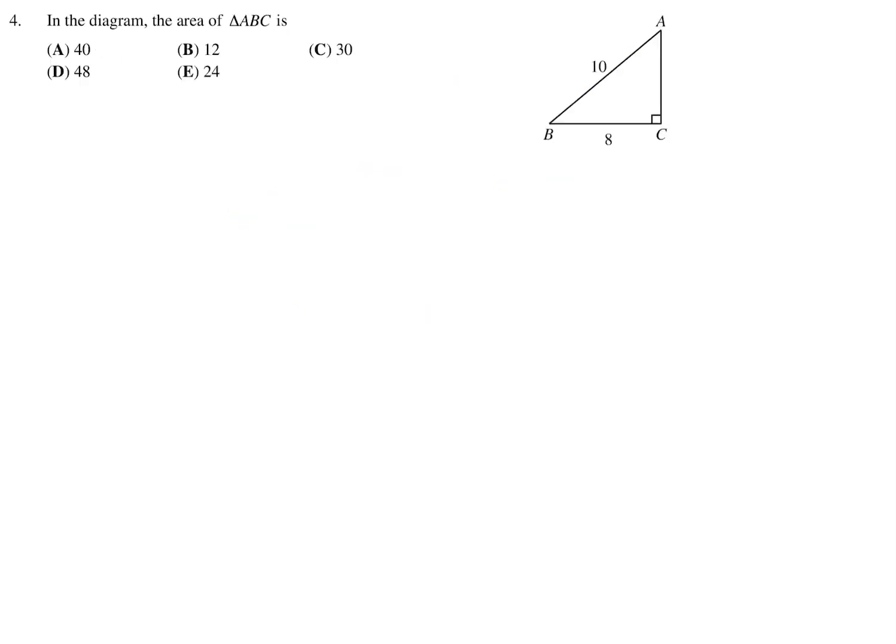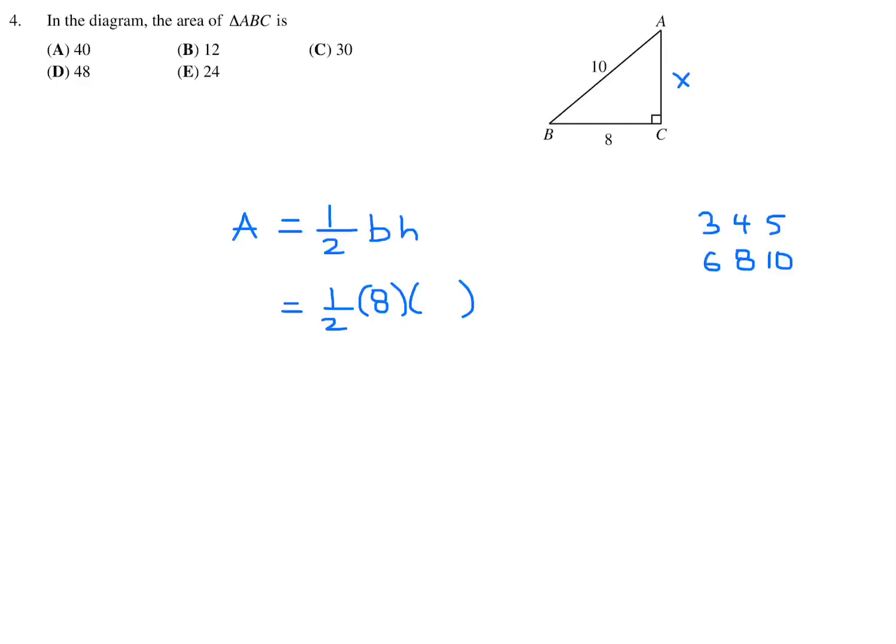In the diagram, the area of ABC is, well, the area of any triangle is 1/2 base times height, like that. The base in this case is 8. The height we don't know, but we can figure out the height. You can either do it by inspection, if you remember 3, 4, 5 triangles, and any multiple of that, which is 6, 8, 10. They're all Pythagorean triangles. But just in case you didn't remember that, we can always just calculate it. I'll let the height be x, or maybe a better variable to use is h, since it's a height.